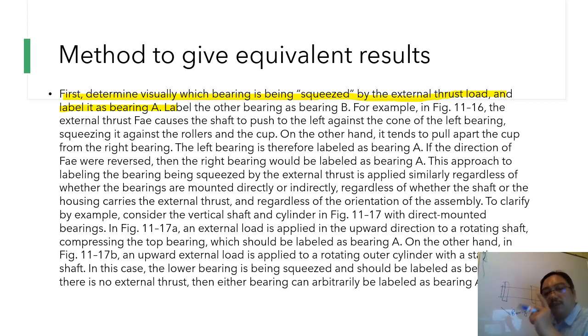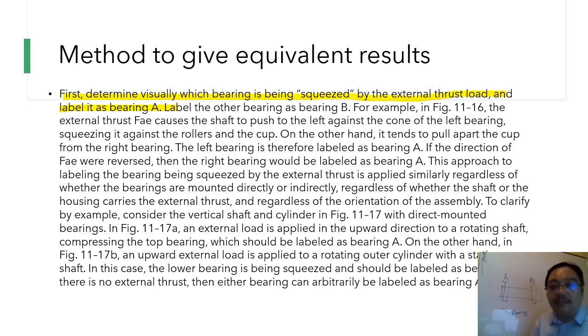You can see that one of the two bearings is being forced together, being squeezed together. You find it hard to squeeze one and easy to insert the other. The one hard to insert is the squeezed one, you label as A, and the other one is easy to insert, you label as B.